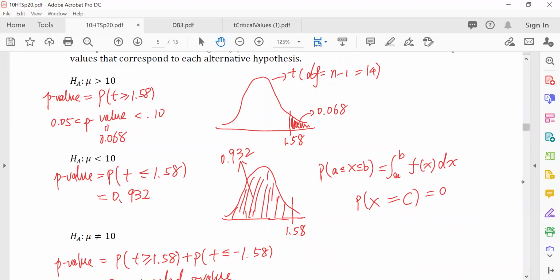It's okay you include it when you try to find the p-value for the greater than sign, or the less than sign, or the not equal to sign. Okay, so this is about how you should find the p-value.